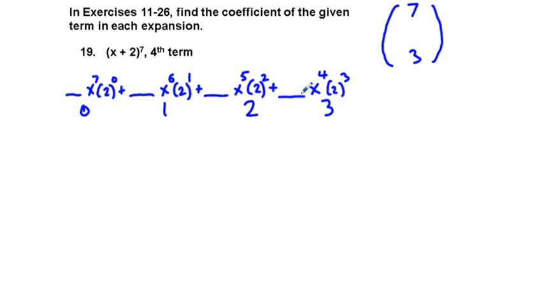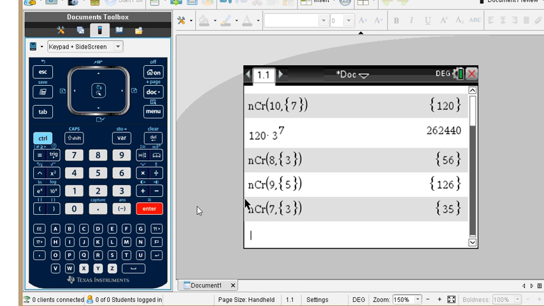So using the 35, bringing this down, we have 35 times 2 cubed, which is 8, and x to the 4th power. So that's 35 times 8. I think that's 280.